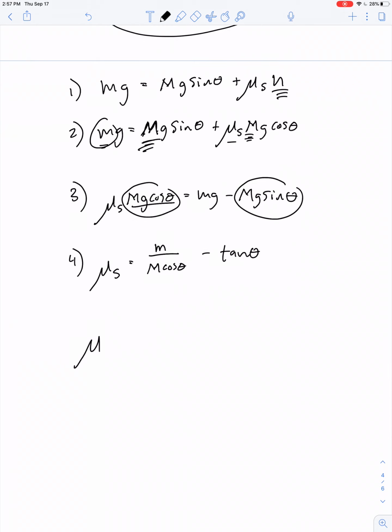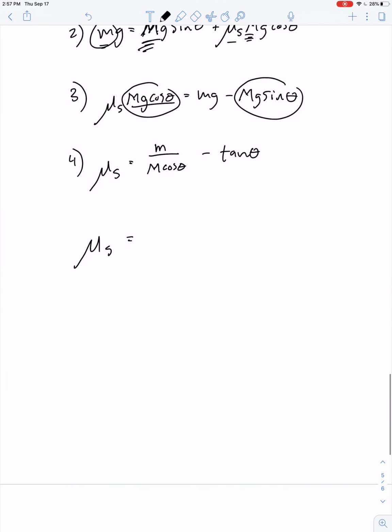So in this case, our coefficient of static friction has to at least be equal to 3 divided by 4 times the cosine of 30 degrees minus the tangent of 30 degrees. Grab a calculator and see what you get.